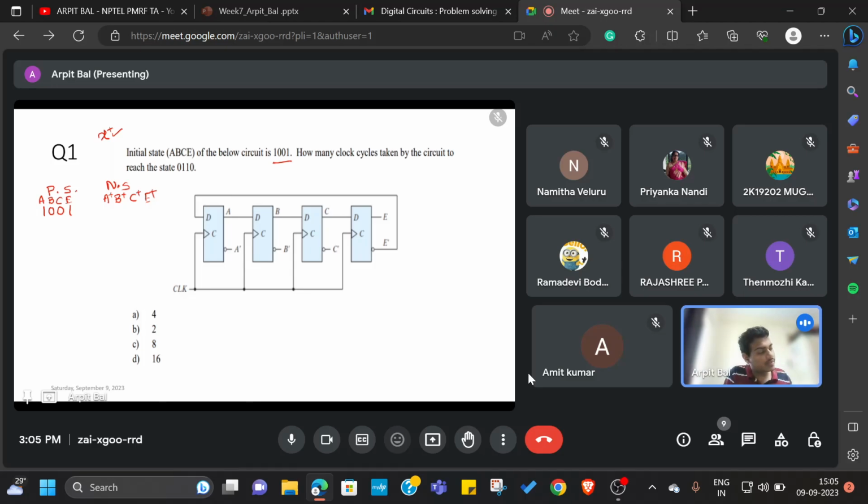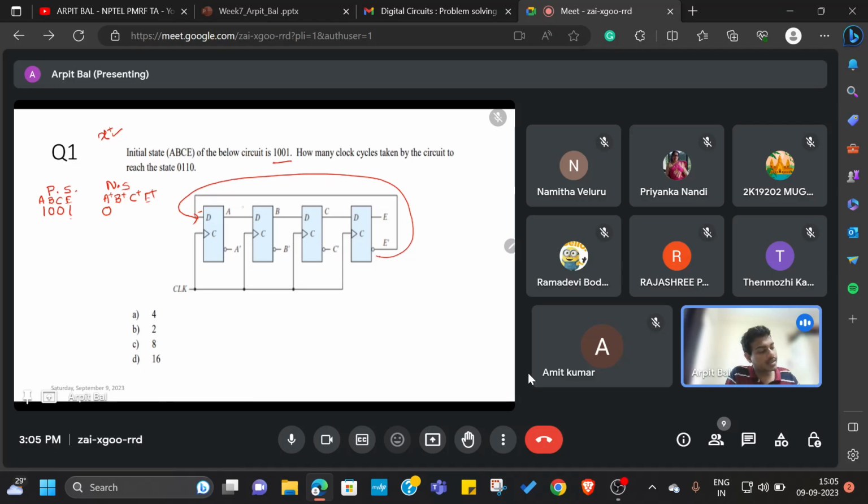As we can see, the D input is being driven by E bar, so whatever E was, we have to take the complement of that in the next state. So let's start from A plus. A plus will be nothing but E bar. E is 1, so A plus will be 0.